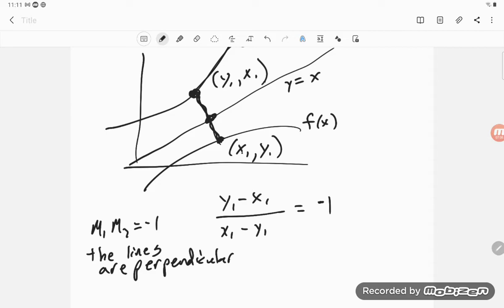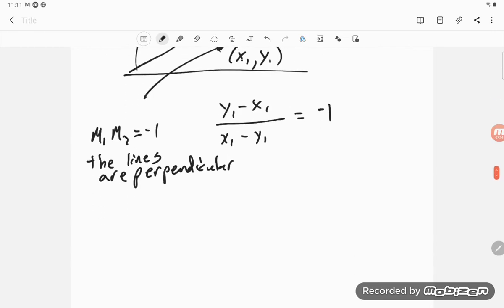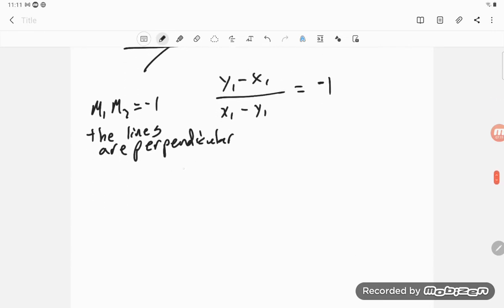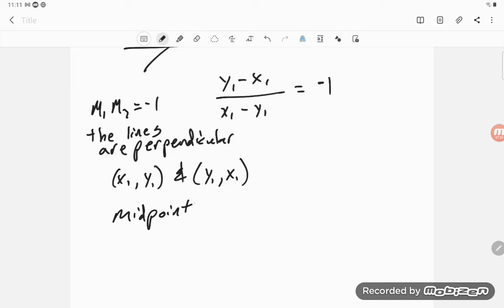I can tell it's a perpendicular bisector because if I find the middle of this line segment, I'll see that it's on the line y equals x. Again, I've got (x1, y1), and switching those, I've got (y1, x1). To get the midpoint, I just take the average of the first coordinates and the average of the second coordinates.